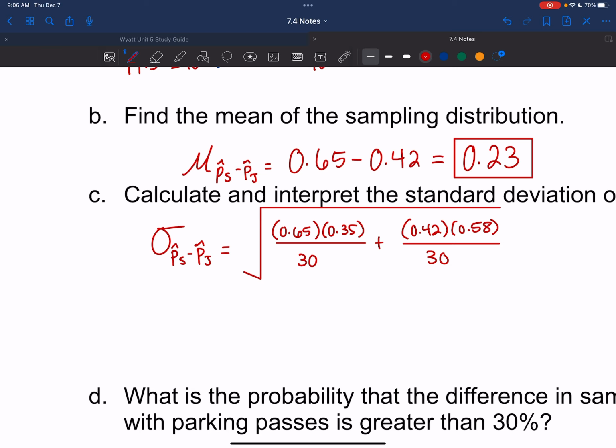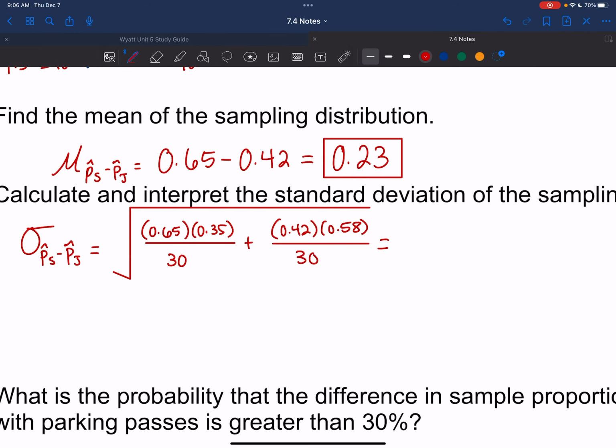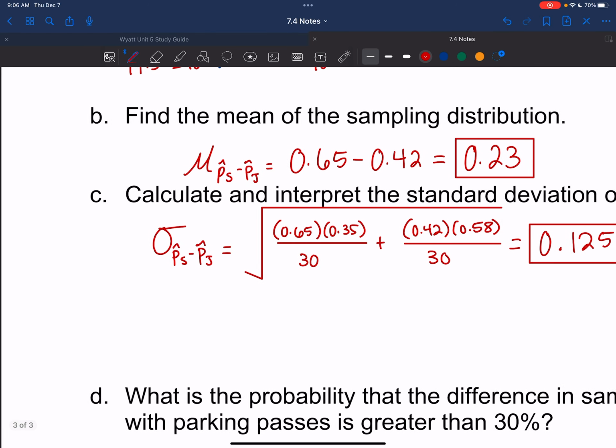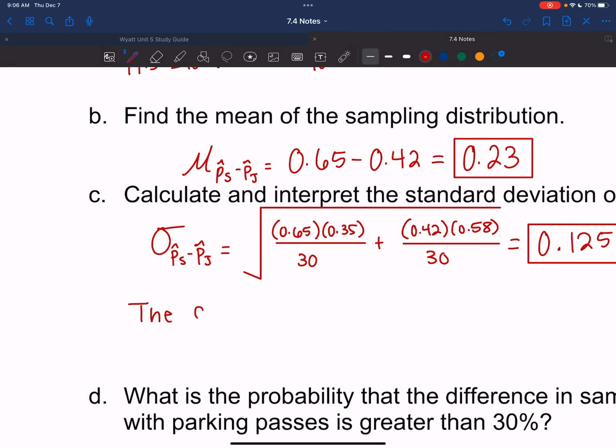And so we're going to get a standard deviation of 0.1253.